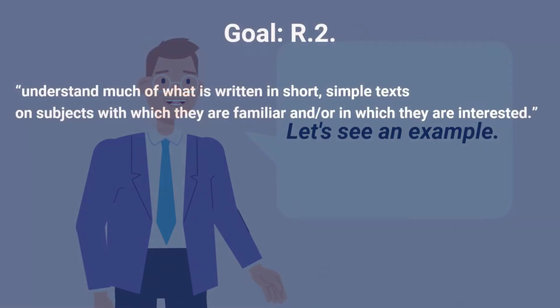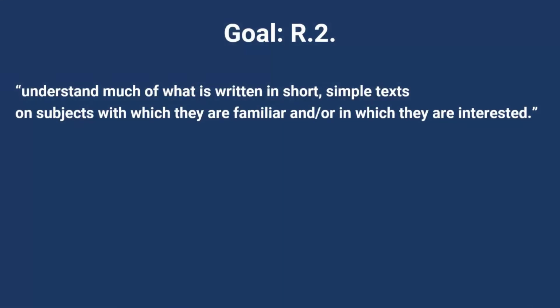So let's take R2, which reads, understand much of what is written in short, simple texts on subjects with which they are familiar and/or in which they are interested. So, to turn this into an indicator of learning, we could take understand much of what is written and change it for identifies facts and details.